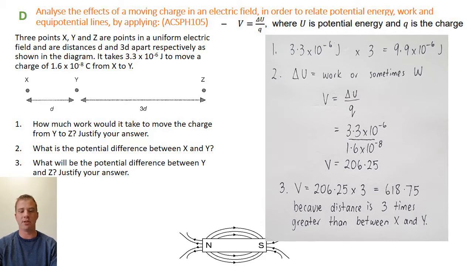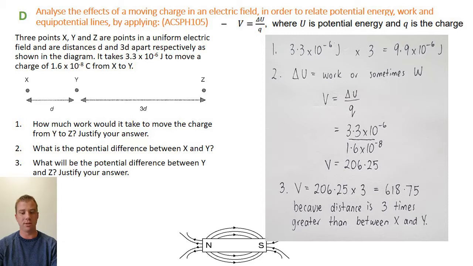2. What is the potential difference between X and Y? We just learned the equation V equals U over Q. We can use work as U, which is potential energy. Sometimes textbooks use W instead of U. So V equals U over Q: 3.3 times 10 to the negative 6 divided by 1.6 times 10 to the negative 8, and your voltage is 206.25.